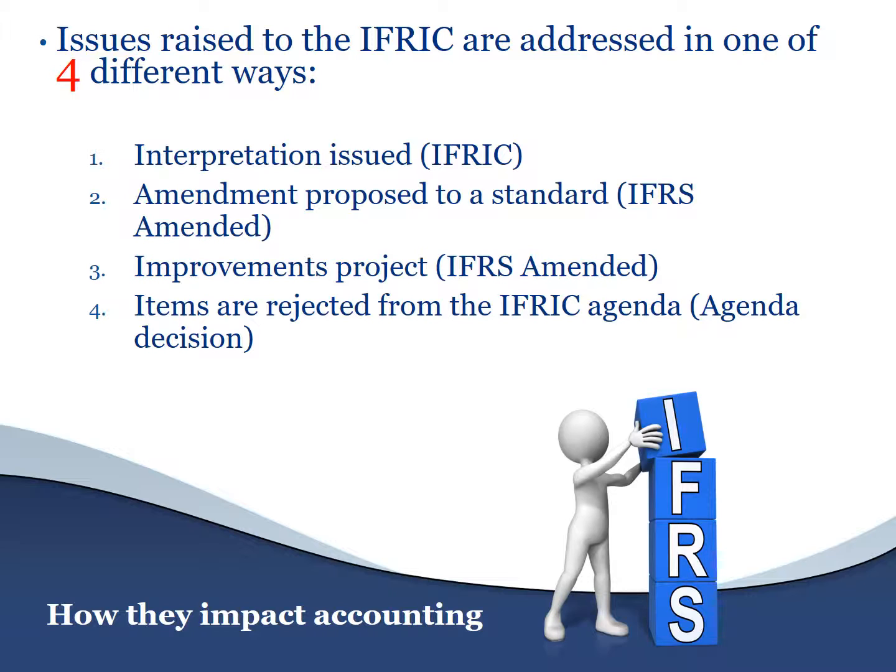Alternatively, the Interpretations Committee could propose to the board that the standard itself is amended in order to resolve the issue. Thirdly, the committee could suggest that the board resolve it through the IFRS Improvements Project, which is an annual improvements project that deals with what are relatively minor changes to standards as opposed to major changes to standards.